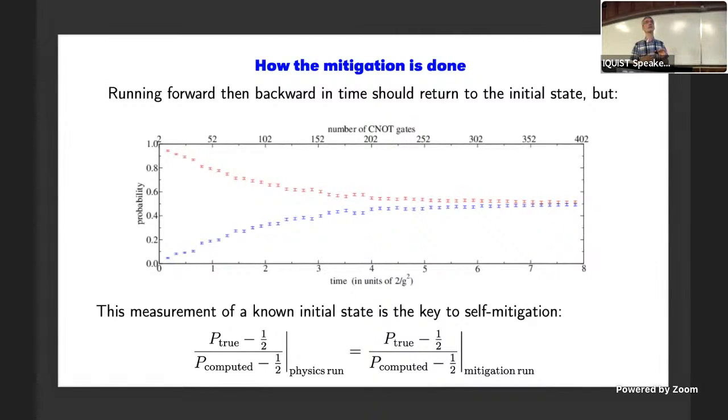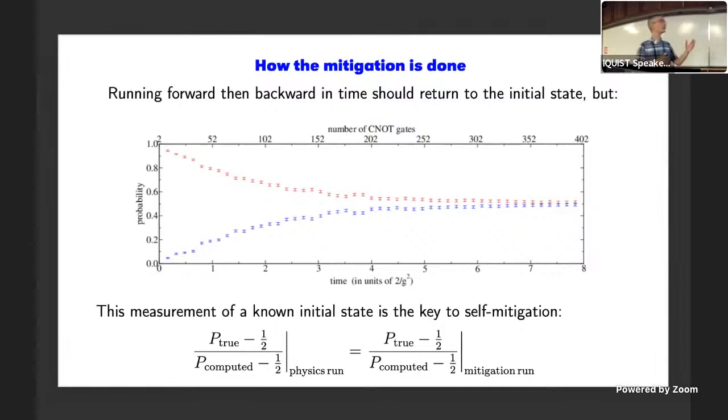Maybe this is a really valuable way to determine what the errors would be if you then did 10 steps all forward in time. This is an answer you, in principle, don't know. Of course, you do today because we're running on a small system. But you could actually predict that result and mitigate the errors by saying the errors should be the same as if we went forward and then backward to a state that we know.